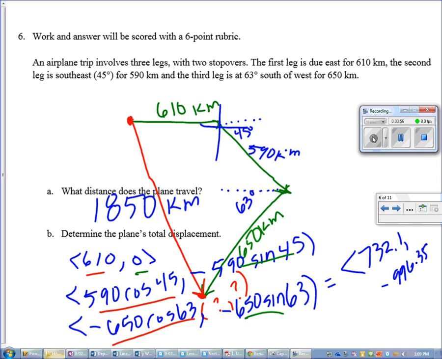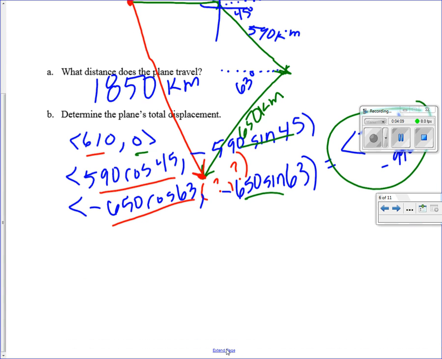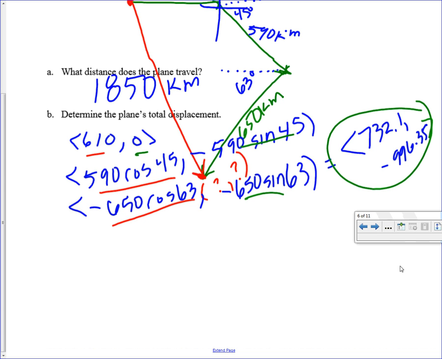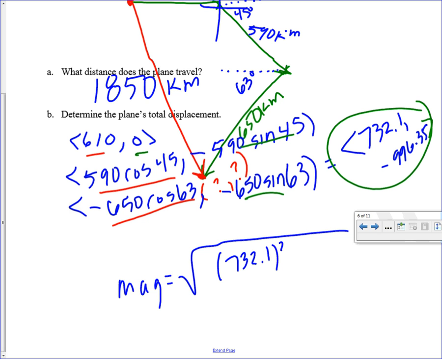Now that we know the location of the ending point, we can find the displacement. It's the magnitude. So we're going to just calculate the magnitude of a vector that ends at 732.1, negative 996.35. So the magnitude, remember for that we're going to do the square root of the x quantity squared plus the y quantity squared.